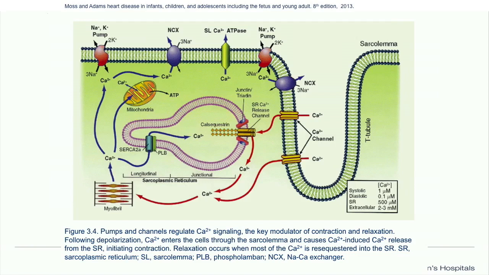The increase in calcium then activates the contractile elements in the sarcomere, and contraction occurs. Proteins like SERCA2 on the SR and the sodium-calcium exchanger on the cell membrane work to restore the resting membrane potential and intracellular calcium levels during diastole.